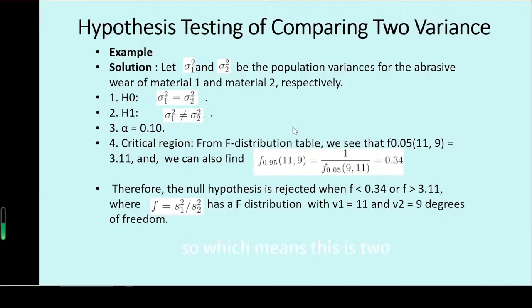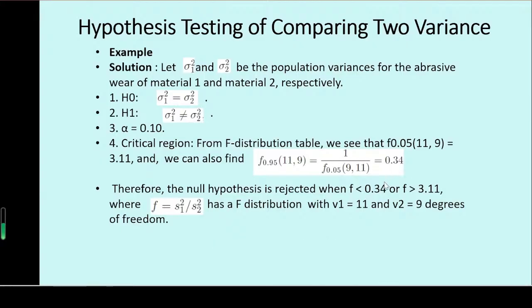This means it is a two-sided test, and we will get two critical values. One is F at half alpha 0.05 with the given degrees of freedom, and we can find this one from the F distribution table, which is 3.11. We will also get a critical value F 0.95 with the given degrees of freedom, and this can be obtained from this formula and equals 0.34.